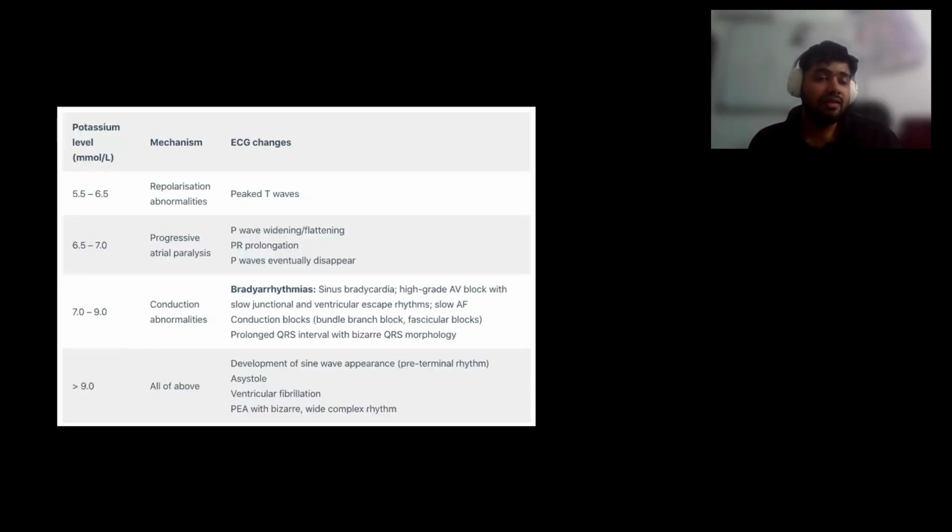So serum potassium behaves in a way that for each level of potassium, there will be particular ECG changes. For example, for a serum potassium of more than 5.5, there will be hyperacute T waves. For a serum potassium of more than 6.5, there will be PR interval widening, as well as diminution in the T wave amplitude.